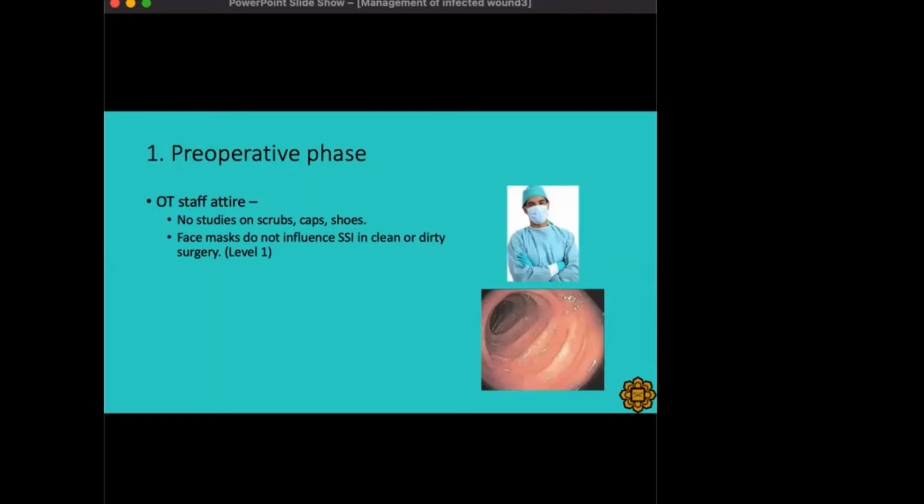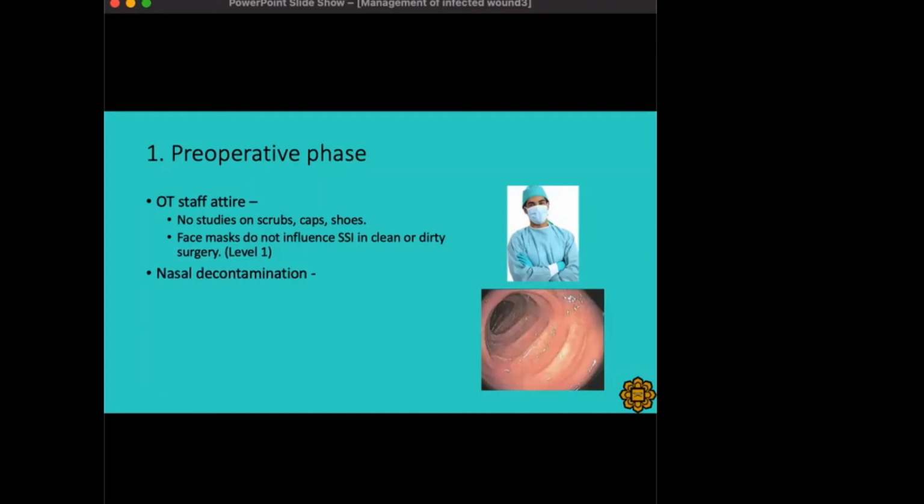So actually it doesn't affect the wound, but for your own protection, I suppose it's advisable to wear a mask. Okay, so if anyone asks you why not wearing a mask, you can say that actually there's no evidence that this leads to a higher risk of infection. Okay, this is level 1 evidence.